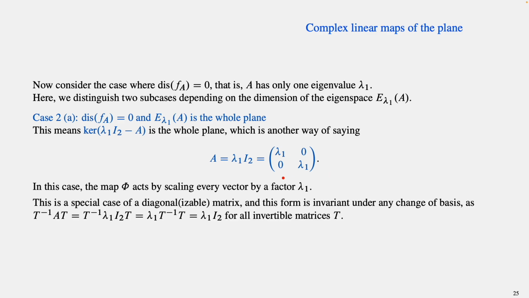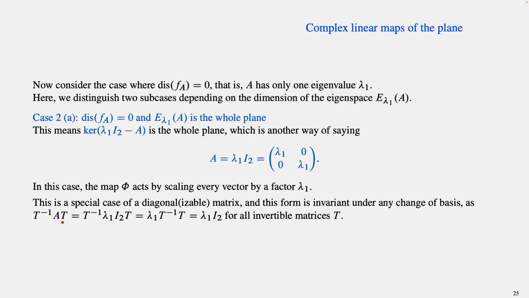This is a very special case of a diagonal matrix, or a diagonalizable matrix, if you like, because this matrix form is actually invariant under any change of basis, which you can easily see by just conjugating A by an invertible matrix.